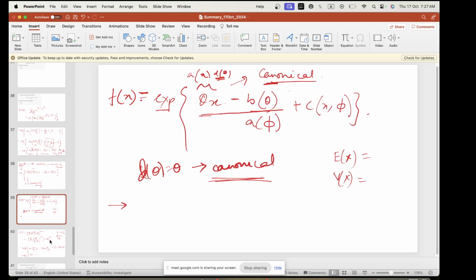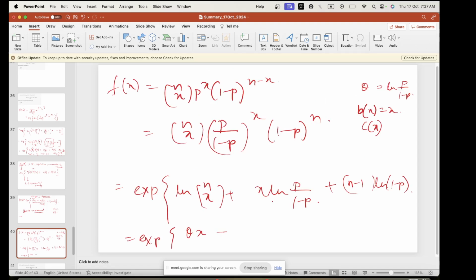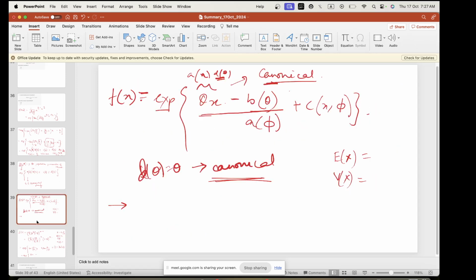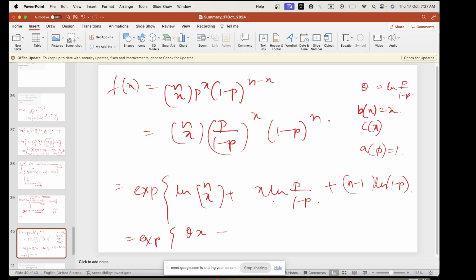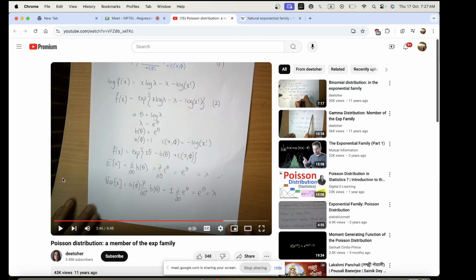So what will be b? A phi is 1, I think. A phi is 1, and we have b theta as this thing, n ln (1 minus p), and plus, okay, here what do we have?